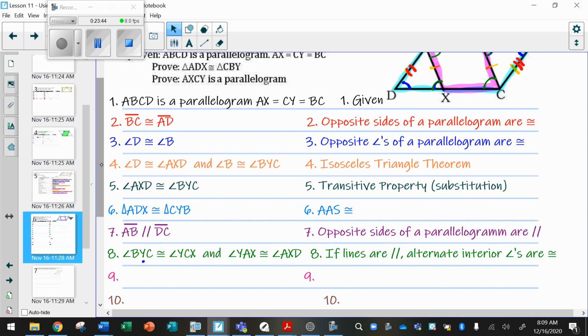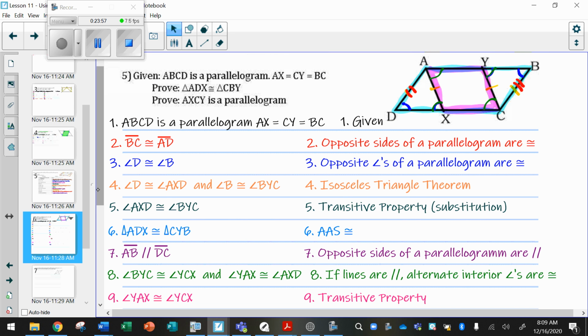So that means if I use substitution or the transitive property again, similar to what I did in step 5, that'll give me a pair of opposite angles inside the parallelogram that are congruent. So that's one pair of opposite angles congruent inside my parallelogram.